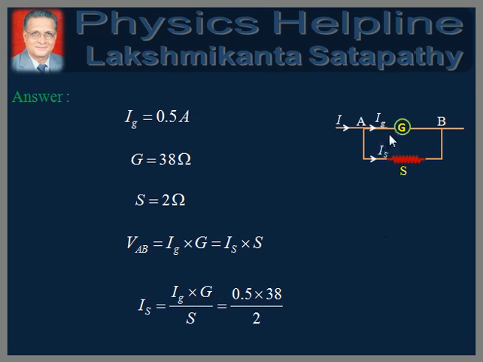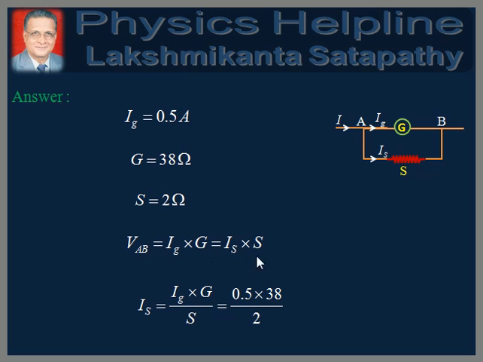The potential difference across the galvanometer is equal to current through the galvanometer Ig multiplied by the galvanometer resistance G, and the potential difference across the shunt S is equal to the current through the shunt Is multiplied by S. These two must be equal as they are connected in parallel between the 2 points A and B. Therefore, we write VAB is equal to Ig into G, which is equal to Is into S.